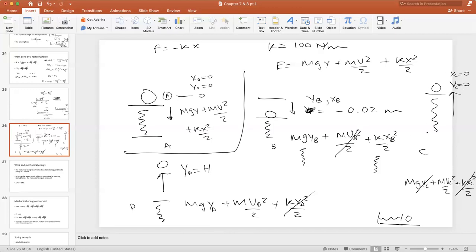Then once it hits equilibrium, it's at y equal to 0. We chose this to be y equal to 0. We could have chosen this to be y is 0, and that's fine. Had we done that, then yb would be 0 and yc would be 0.02, right?